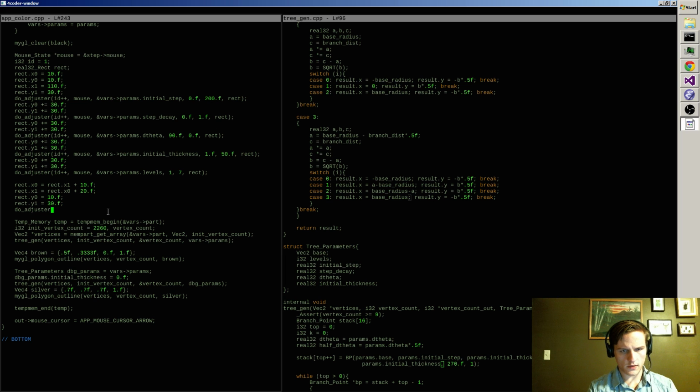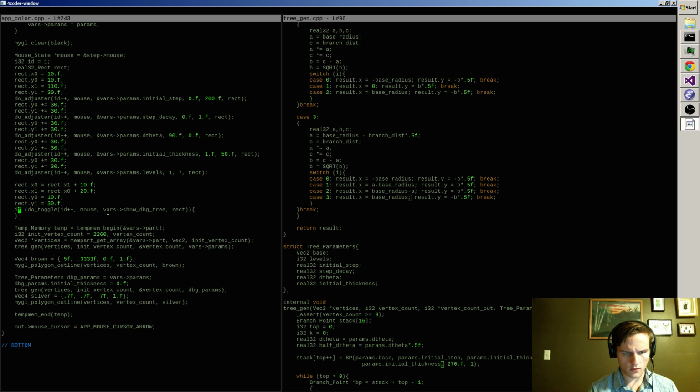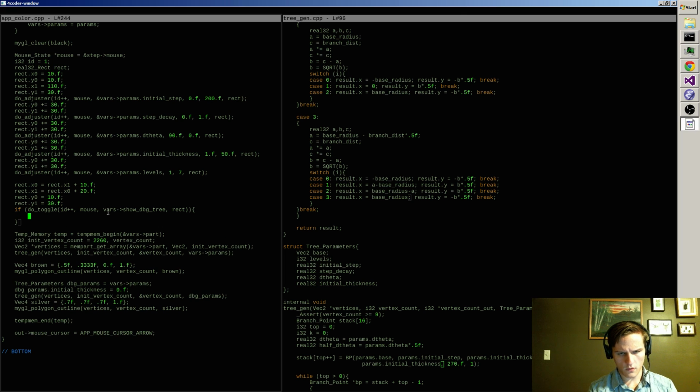Do adjuster. No, do toggle. ID mouse. Show debug tree rect with an if around it, so that you do show debug tree.